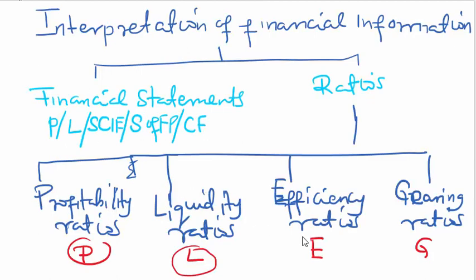The next set of ratios we'll look at is the efficiency ratios. There are a number of efficiency ratios you can look at, but I'm going to present three of the most commonly used when analyzing financial statements or financial information. To measure efficiency, you want to look at, one, inventory turnover.